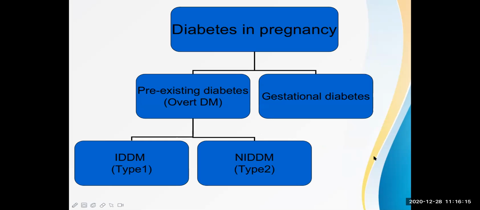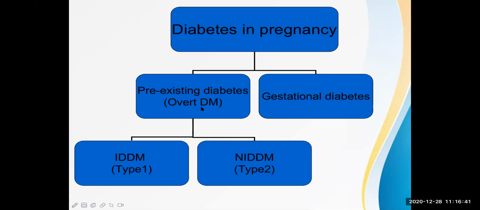Now, all of you please focus on this slide. The same thing which I was talking about is repeated here. Diabetes in pregnancy is divided into two types. Pre-existing diabetes, also known as overt diabetes mellitus or chronic diabetes mellitus, whereas the diabetes which is developed right now during this pregnancy is known as gestational diabetes.